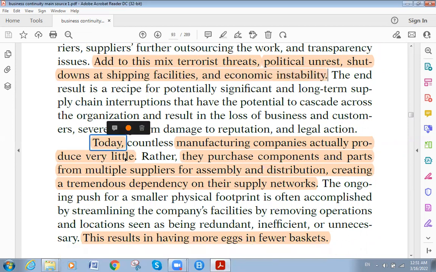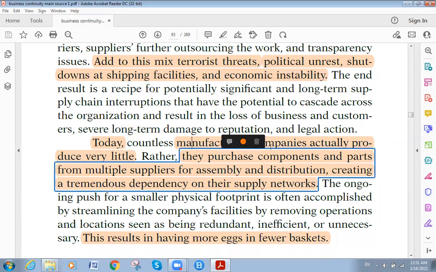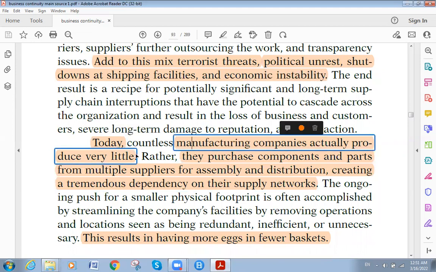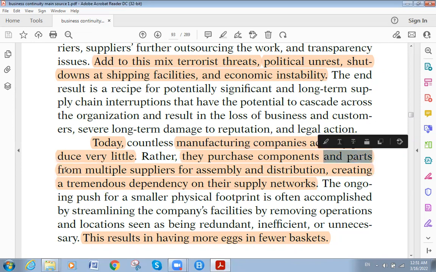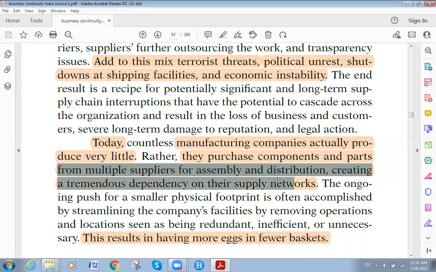Today, the situation is worse because manufacturing companies actually produce very little. Rather, they produce components and parts from multiple suppliers, and the multiple suppliers, even in globalization, are from many companies as well. So it needs assembling in one country and distribution in many countries, creating a tremendous dependency on the supply network.